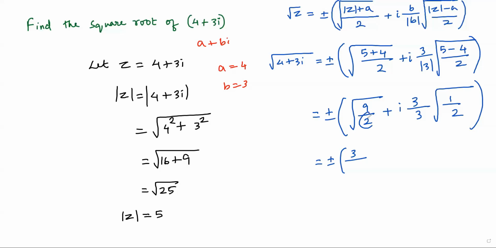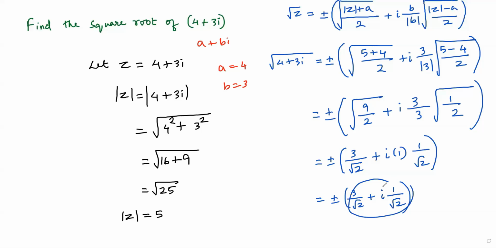And 2 is not a perfect square, so we write it as square root of 2. Plus i times 3 over 3, which is just 1, times the square root of 1, which is 1, over square root of 2. So the next step is positive or negative, 3 over square root of 2, + i times 1 over square root of 2.